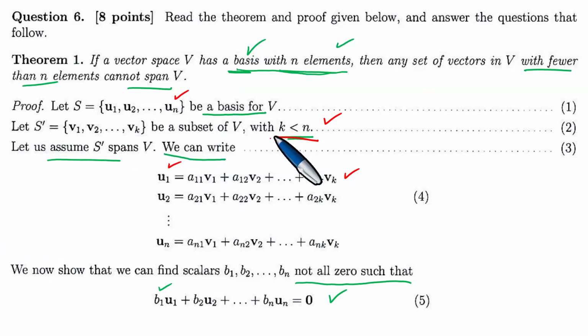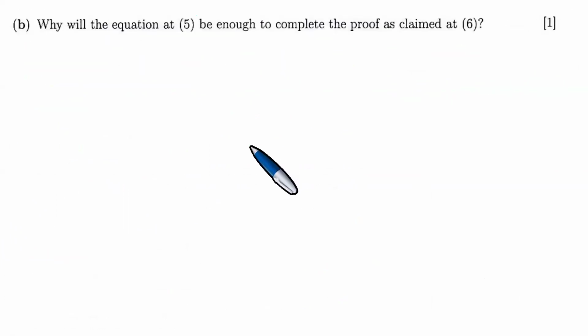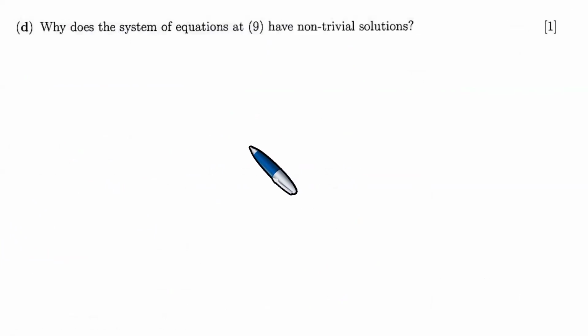So obviously for K less than N, we would actually have a homogeneous system with K less than N symbols, and because of that, it is necessarily having non-trivial solutions. We can write it like that in many ways.